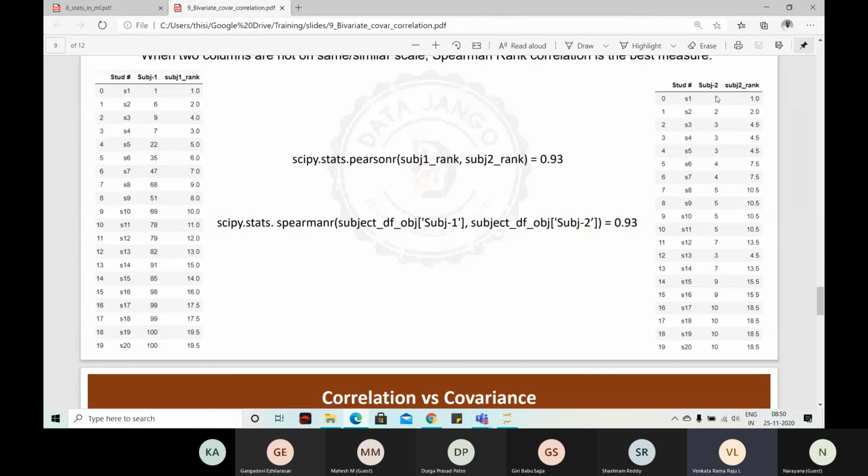In subject 2, the marks are between 1 and 10. The scale is different. When you try to calculate Pearson correlation, the coefficient may not be appropriate. To bring this data and this data to a similar scale, we calculate ranks and then calculate the Pearson correlation between the ranks. So that will give you a more appropriate outcome.